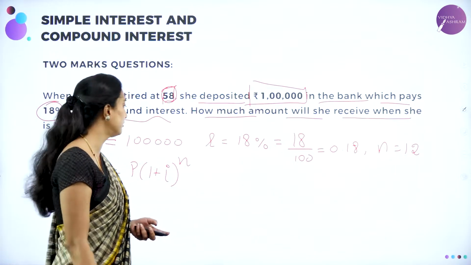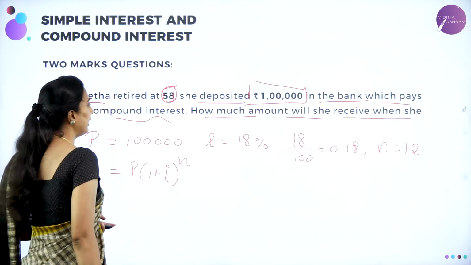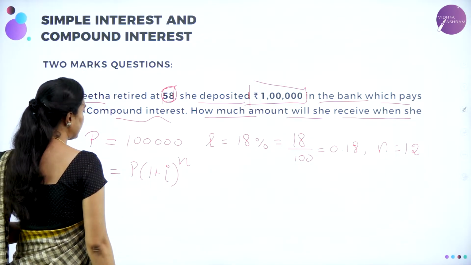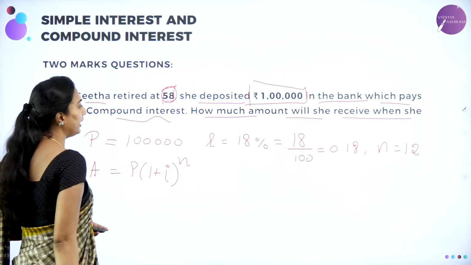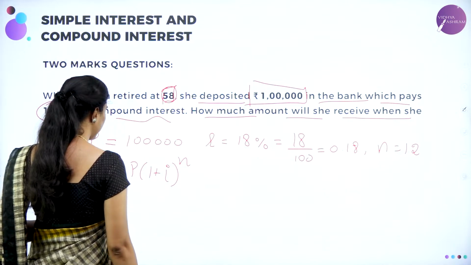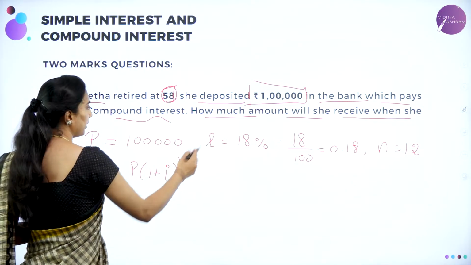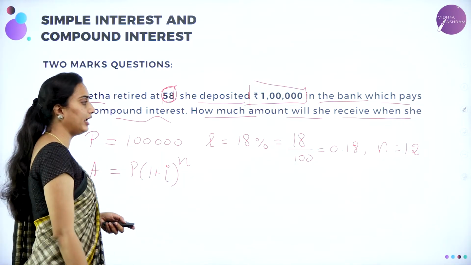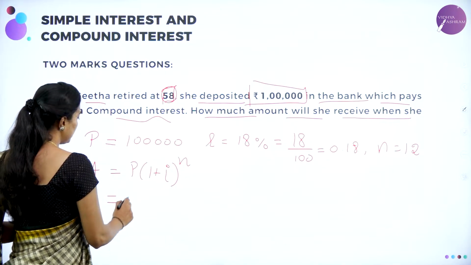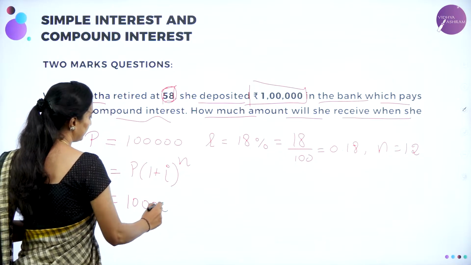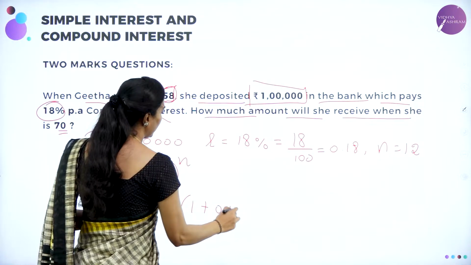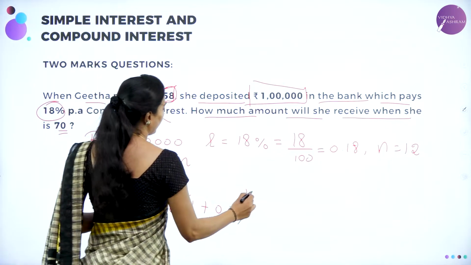Number of years, you need to calculate now. Therefore, i is equal to 18 divided by 100, which is 0.18. So, A is equal to principal amount 1 lakh into (1 plus 0.18) whole to the power of 12.